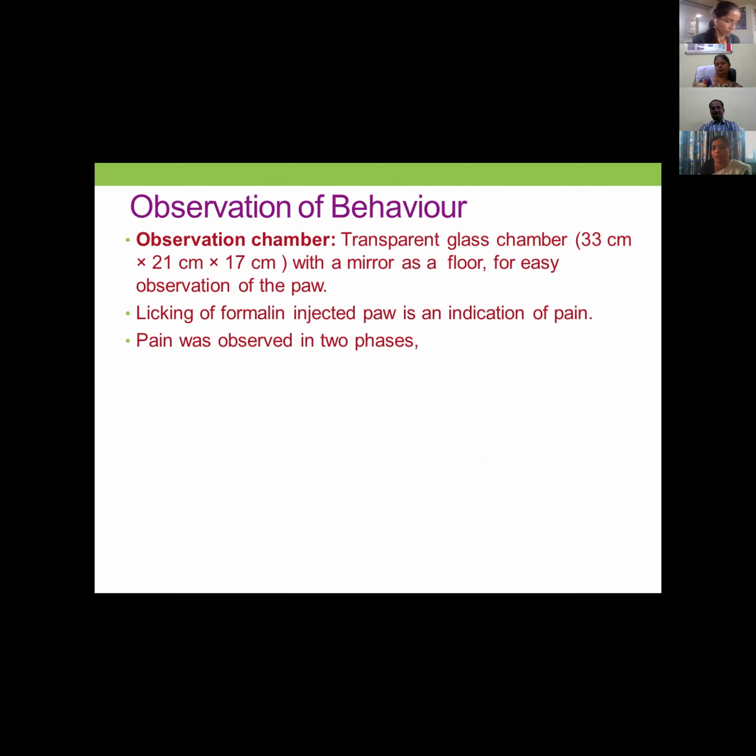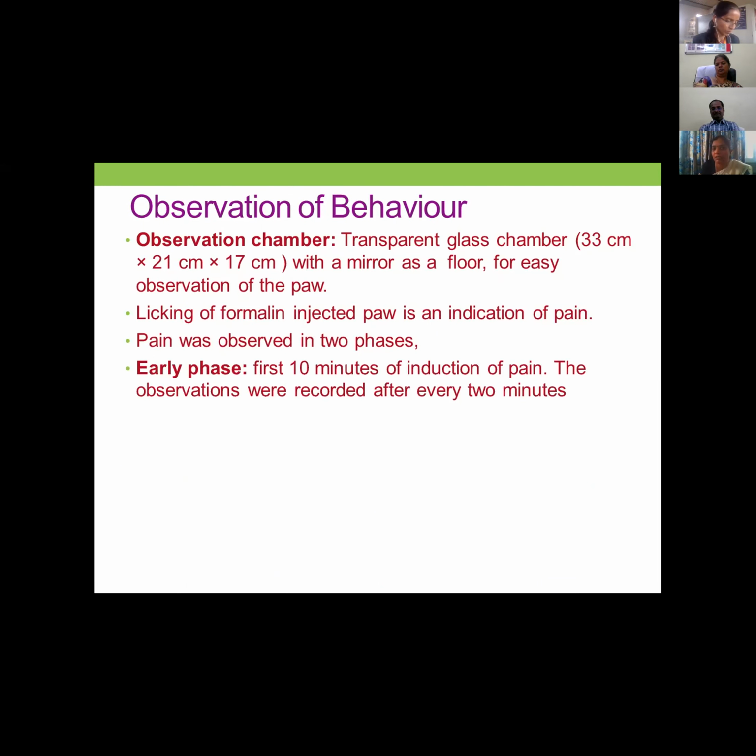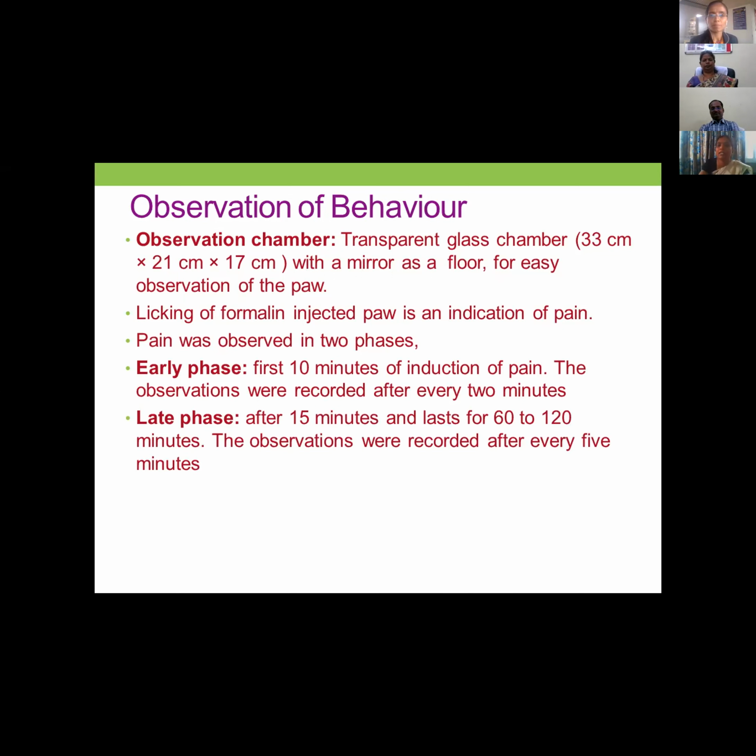Pain is observed in 2 phases: the early phase, which starts immediately after induction and lasts 5 to 10 minutes, with licking events recorded every 2 minutes. Then the late phase starts after 15 minutes. We observe it for 60 to 120 minutes, and these observations are recorded every 5 minutes.